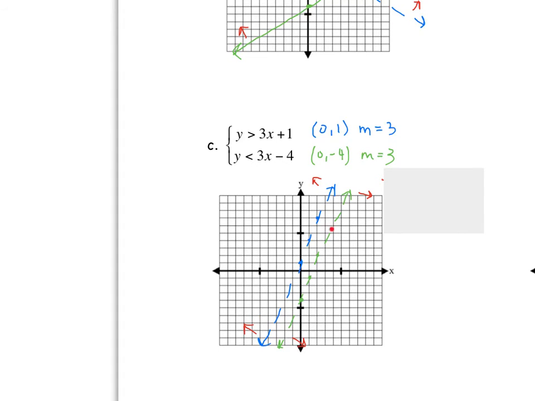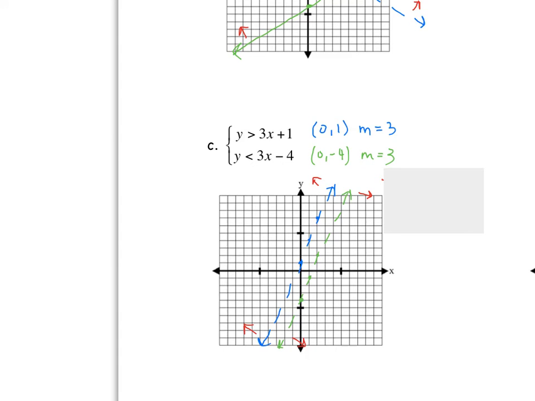Our green line, again, is dashed, passes through the point (0, -4) with a slope of 3. If I test the point (0, 0), we get 0 is less than negative 4, which is false again, so that means we're going to shade to the right of our line.